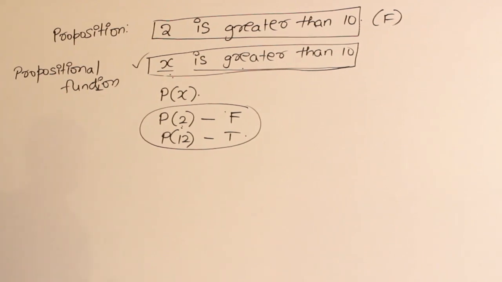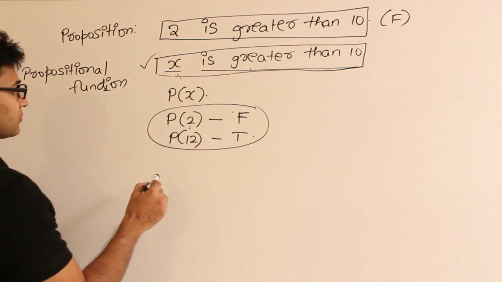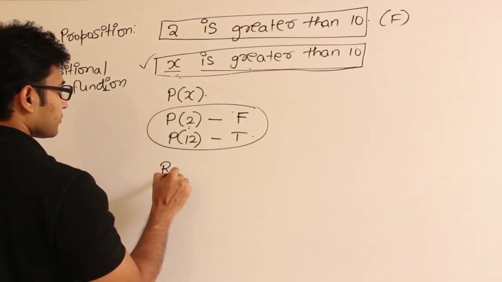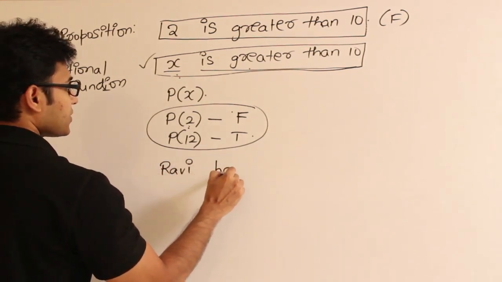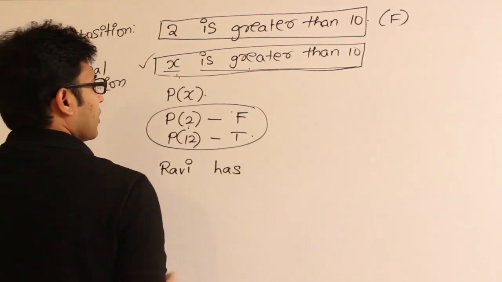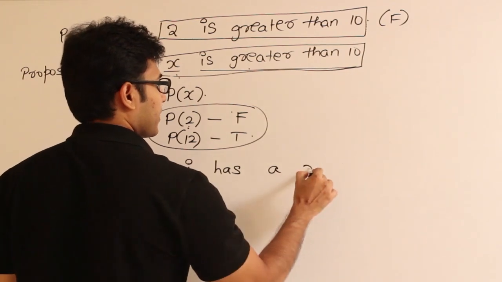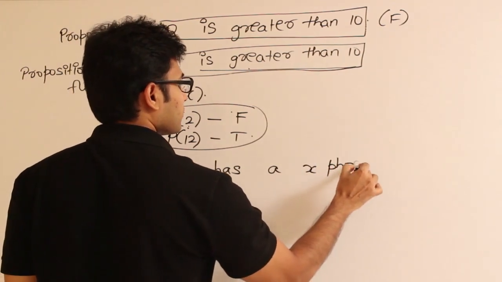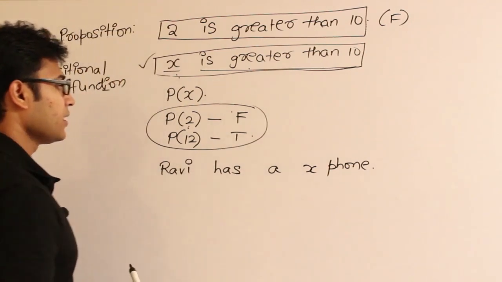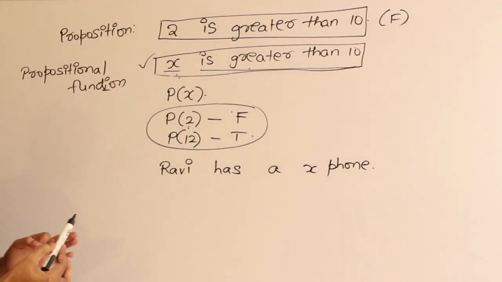Let's see some more examples. Let us say Ravi has an X phone, right? Now if you see this, there are two things in this.